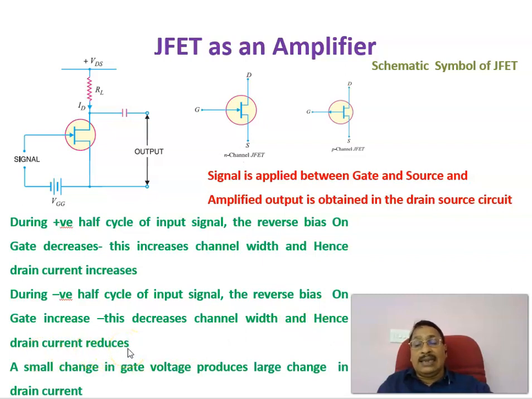Therefore, a small change in the gate voltage produces a large change in the drain current. The input signal is a voltage signal, of either positive or negative polarity, and the output is the drain current, which changes as the input voltage magnitude changes. That is the way in which the JFET works as an amplifier. Input signal is a voltage, and the output signal we are watching is the drain current.